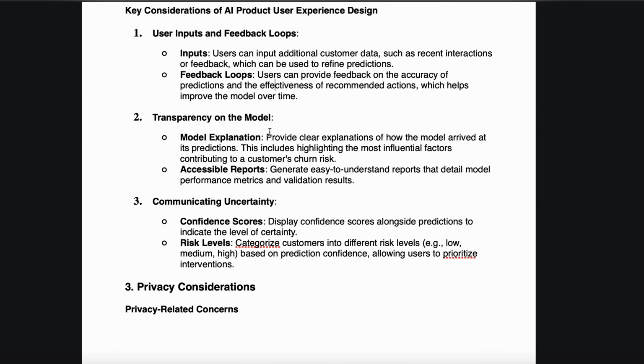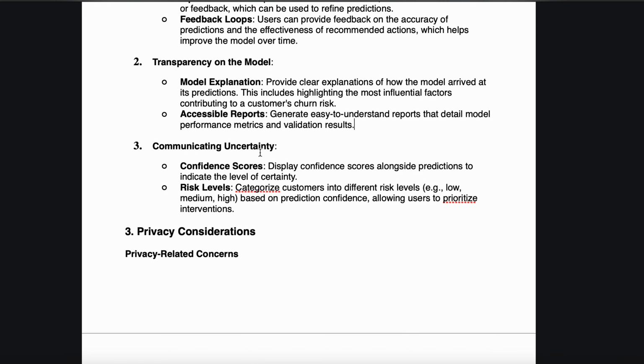Transparency on the model: provide clear explanations of how the model arrived at its predictions. So the model should be transparent, and we should be able to provide the reasons as to why a particular prediction was reached. Generate easy-to-understand reports that detail model performance metrics and validation results.